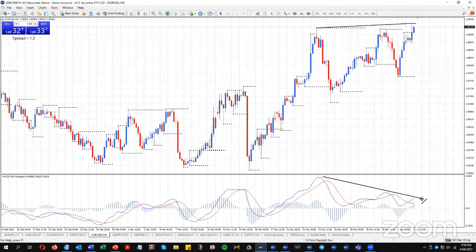We've maybe got divergence. We need to see the MACD cross down. So if I don't think this is holding here, and it maybe has a little bit more uptick on it, what I will often do is just wait for the 4-hour MACD to cross down.